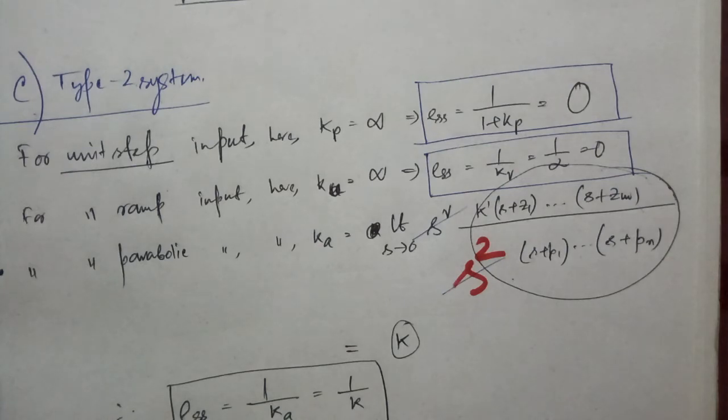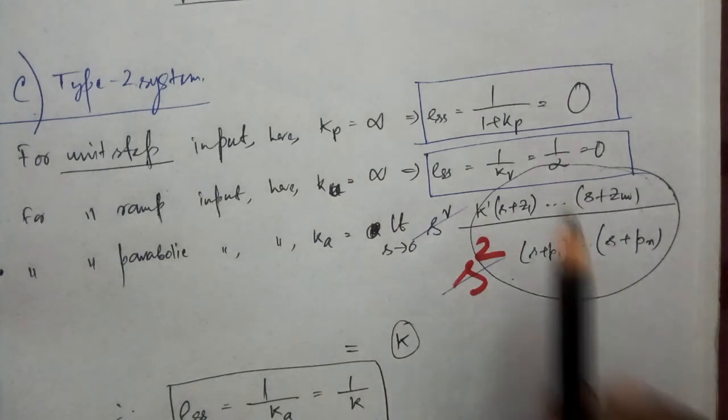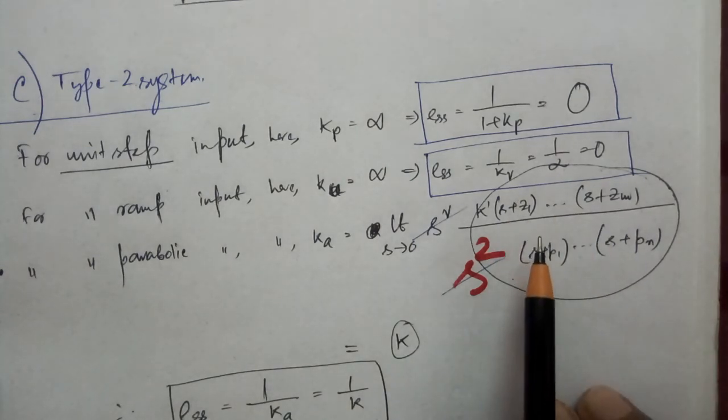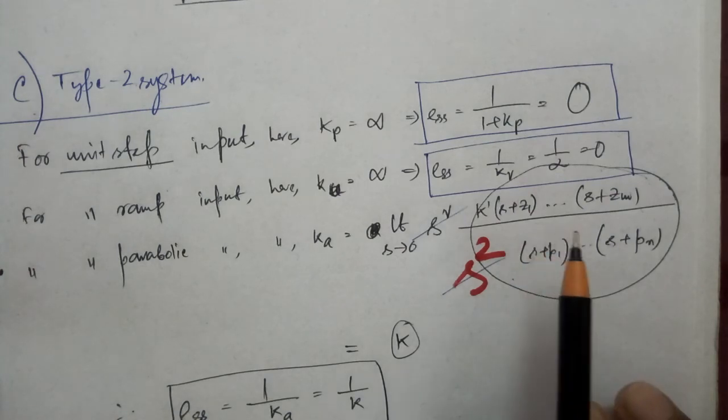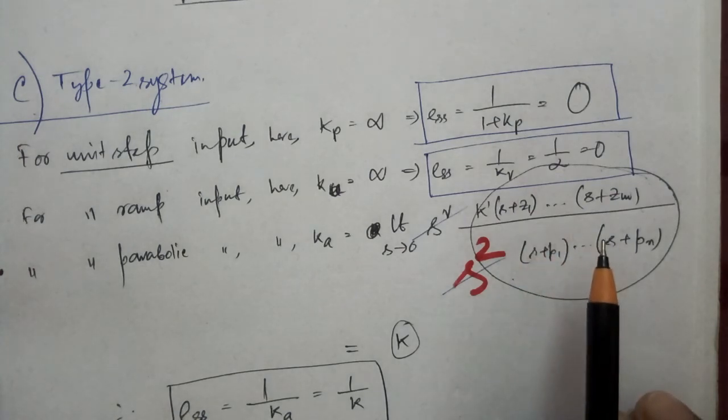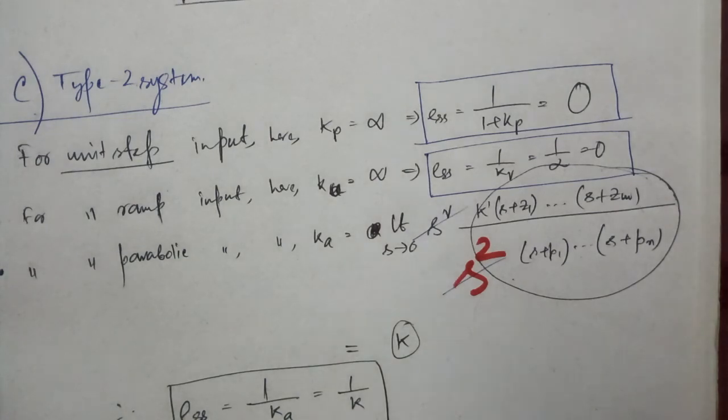Now we are taking unit ramp input. In that case, for a type 0 system, the steady state error will be infinite. For type 1 it is 1 by K. For type 2 it is 0. Now for parabolic input, for a type 0 system the steady state error is infinite. For type 1, the steady state error is infinite. For type 2 it is 1 by K.